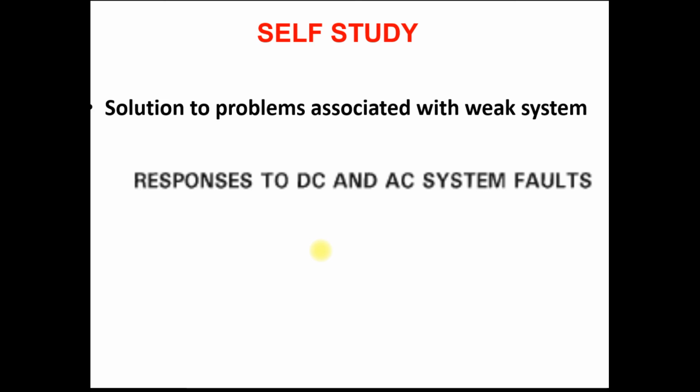So these two topics are for self-study, so that you also read from the Prabha Kundur book. The first topic, solution to the problems associated with the weak system, is given on page number 531. And the second topic, response to DC and AC system faults, is given on page number 533 in chapter number 10.